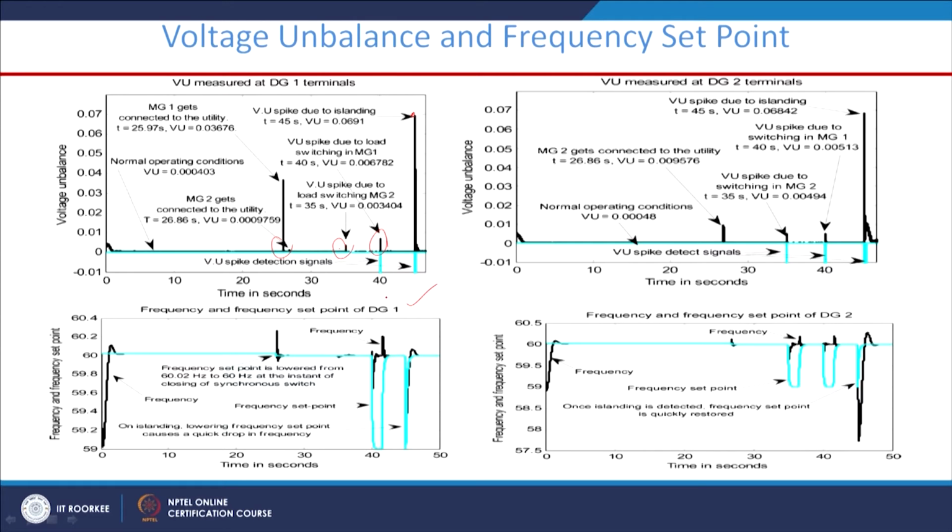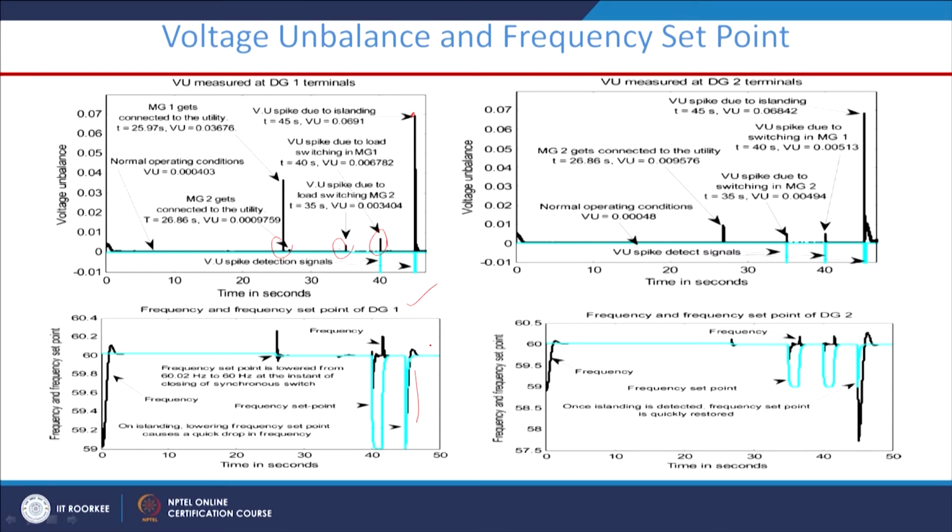And due to this spike, they have also set the frequency point from 60 to 59 hertz. You can see here this is 59 hertz. After this, when islanding has occurred, you can see the frequency is dropping very quickly to below 59.2. See here it is 59.4, so it is dropping quickly, and immediately this 59 hertz is resumed to 60 hertz.